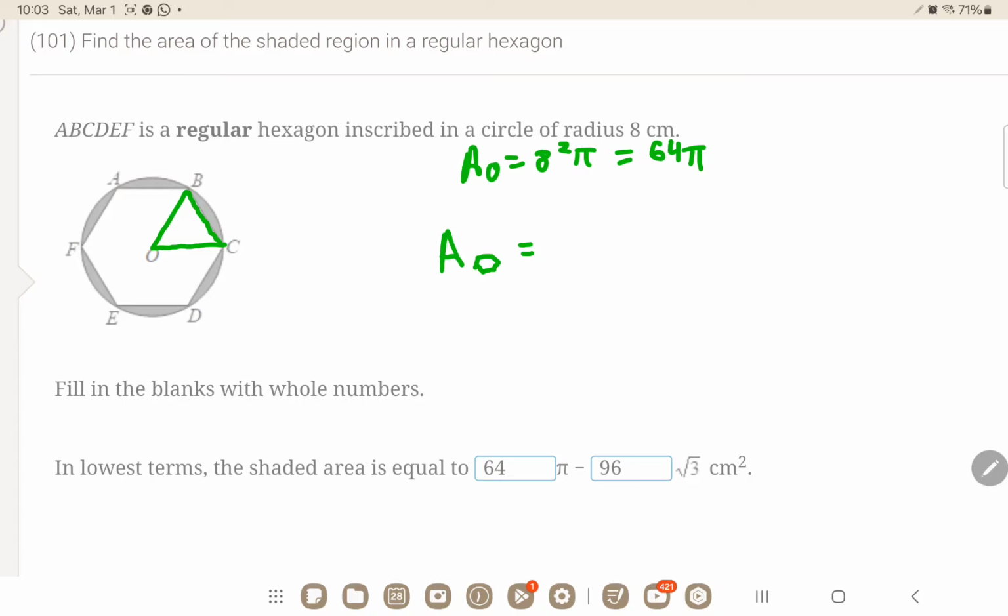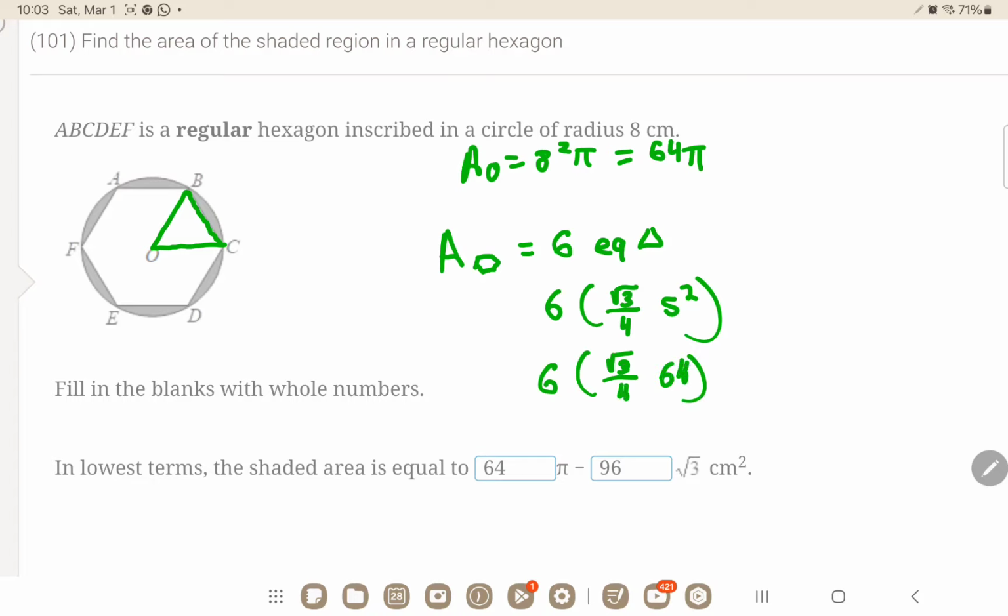So the area of the hexagon in this example would be 6 equilateral triangles. And one equilateral triangle is equal to radical 3/4 side squared. So you're gonna do 6 times radical 3/4 times 8 squared, which is 64. So the 4 cancels with the 64.